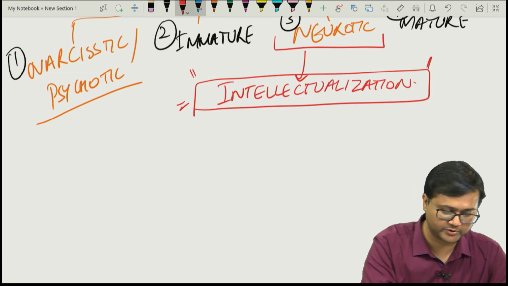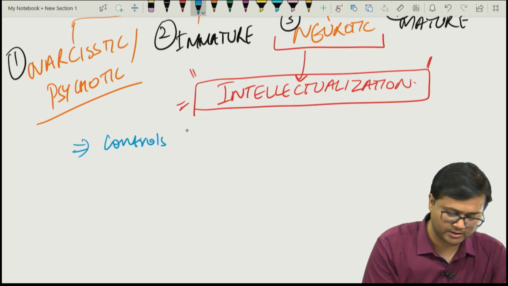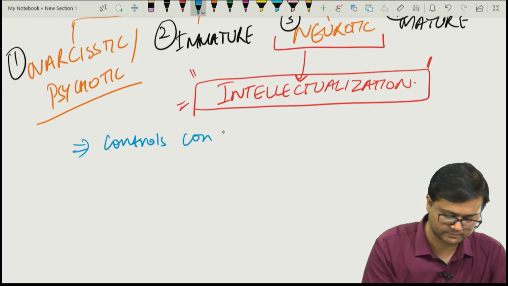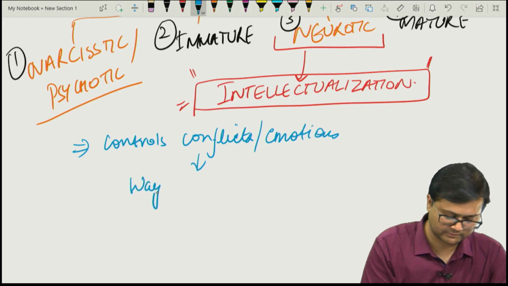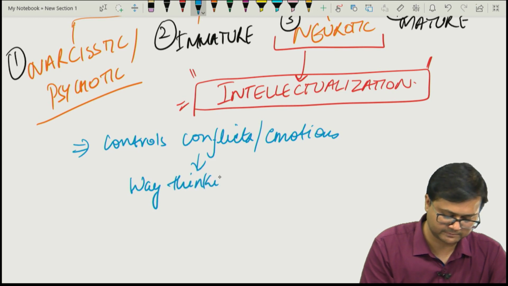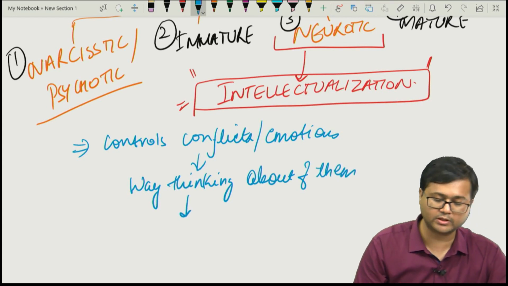Here, the person generally controls his or her conflicts or emotions by way of thinking about them, rather than actually experiencing them.